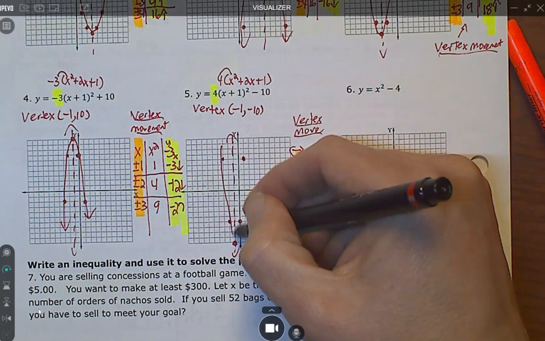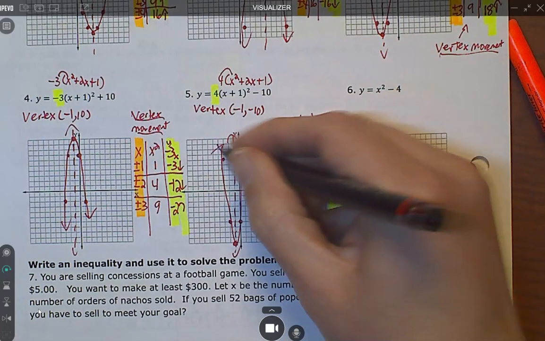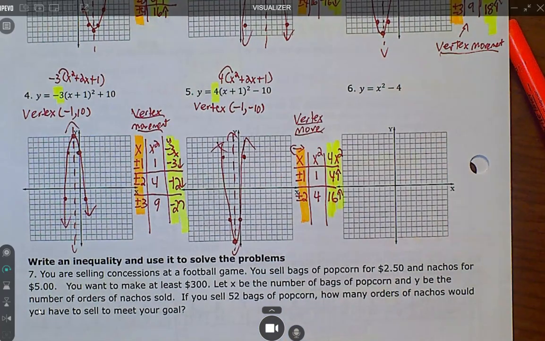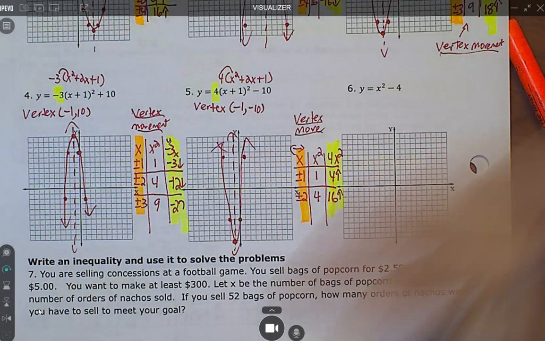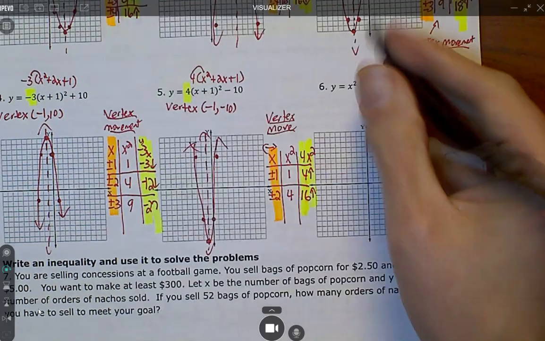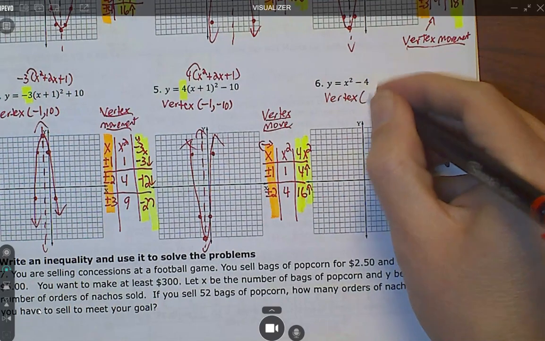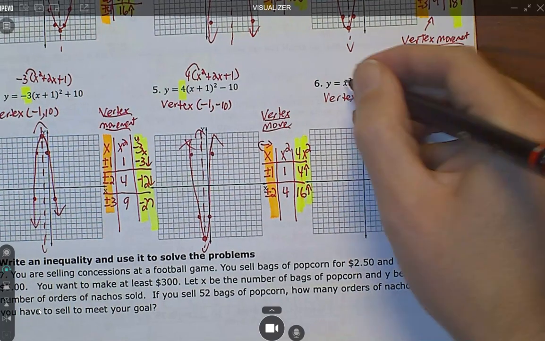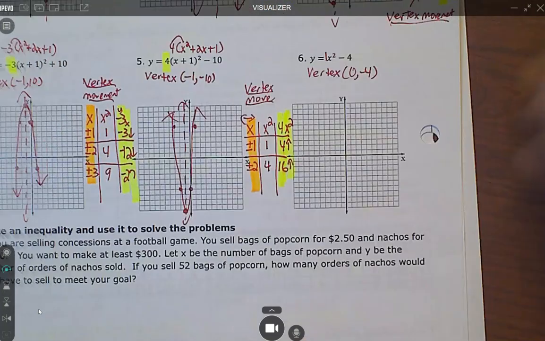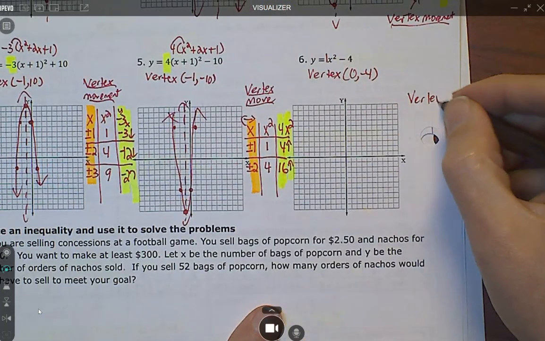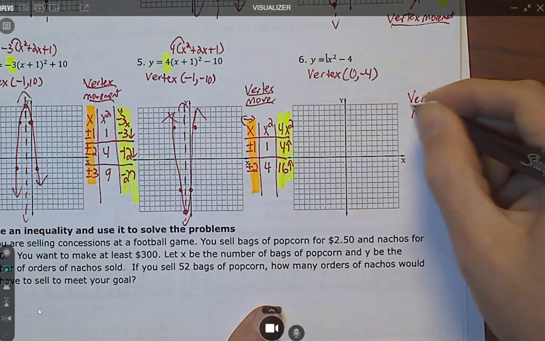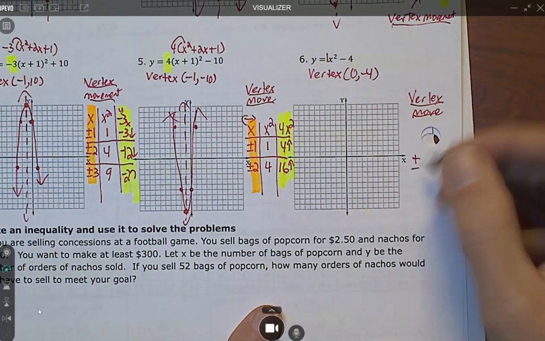This is on the notes from last week. Okay, vertex in this one, it's 0, -4. And the number in front is 1, okay, so the vertex movement chart is just going to be our normal one.